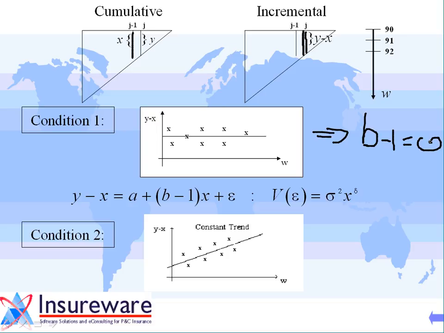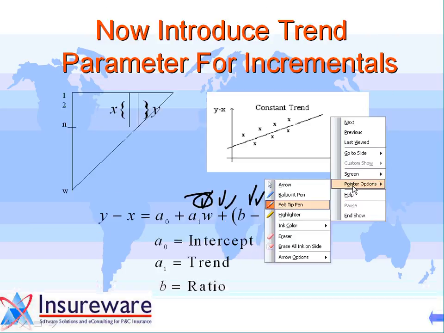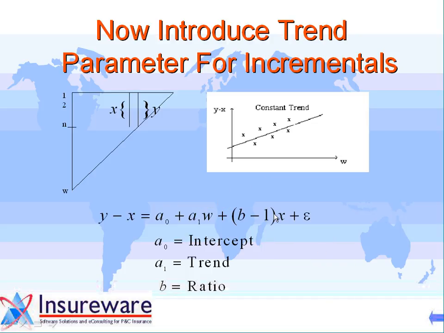Okay, suppose you have data that satisfies condition 2. What are you going to find out then? If it satisfies condition 2, very often the ratios will have predictive power, but the trend will have much more predictive power. The trend will have much more predictive power most of the time.